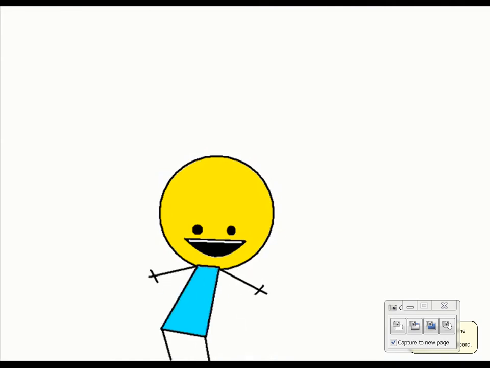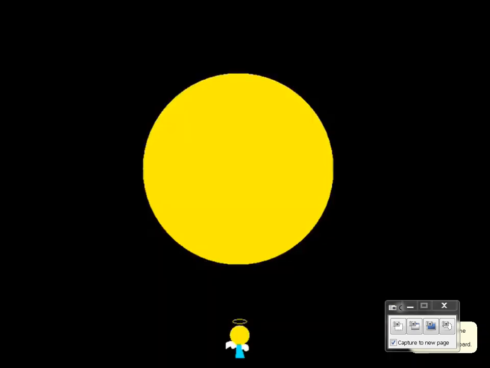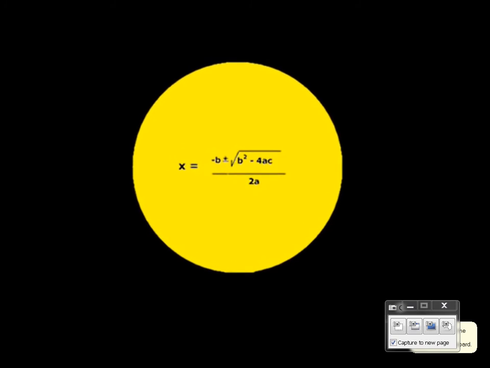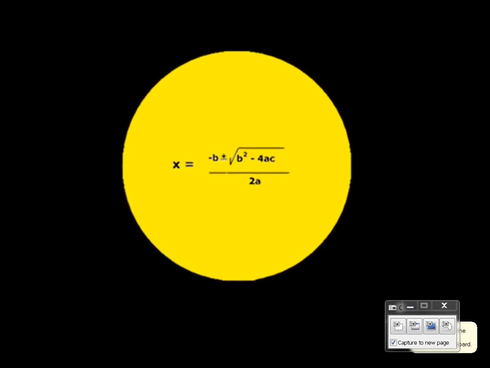Quadratic formula. Let's bring it way down. Quadratic formula, and it's negative b plus or minus the square root of b squared minus 4ac over 2a.